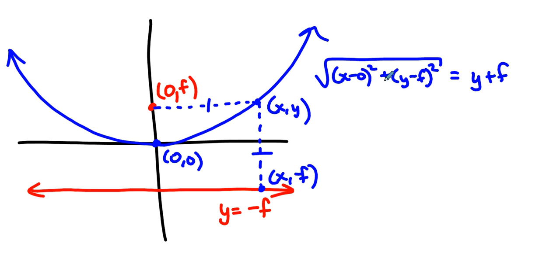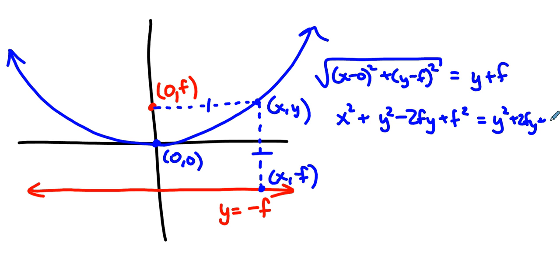So what's happening here? We'll square both sides. If we square both sides, this is x squared plus y squared minus 2fy plus f squared equals what's over here. We square that, like so, and then we recognize that there's an f squared on both sides and there's a y squared on both sides.